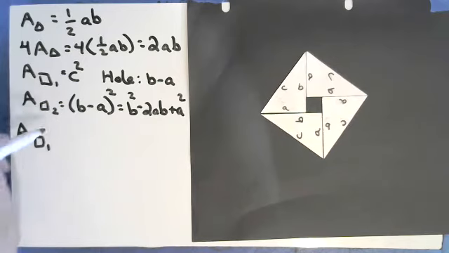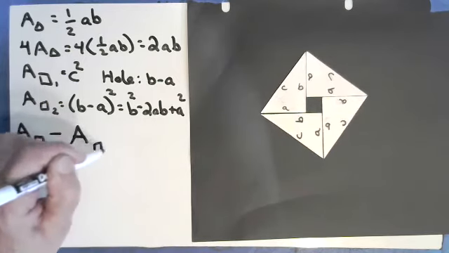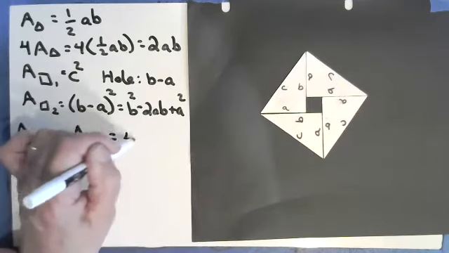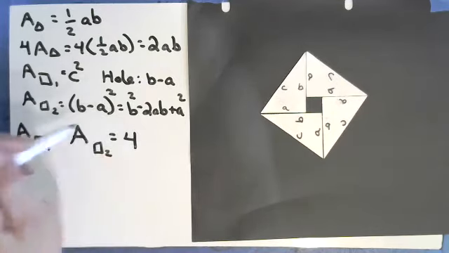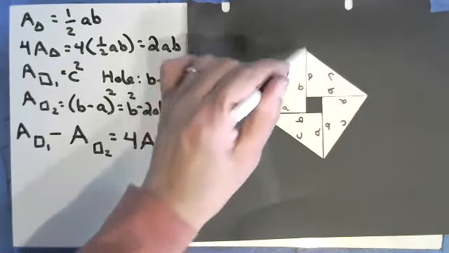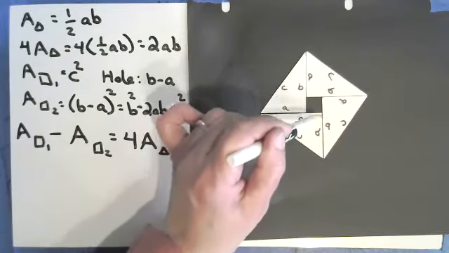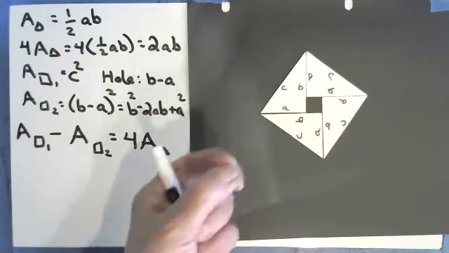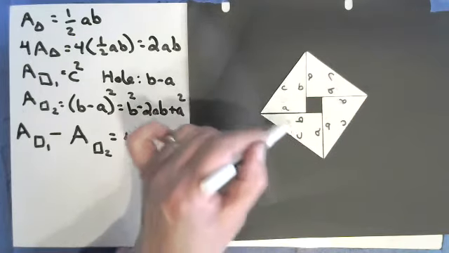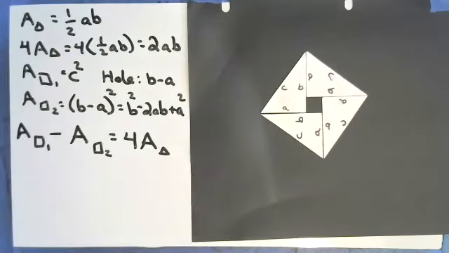The area of the big square minus the area of the little hole is going to be equal to the area of the four triangles. It's this big piece, that's the area of the big square. If we subtract off the area of the hole because we've removed area from it, then what we are left is the area that's in white here, and that is equal to the area of the four triangles.